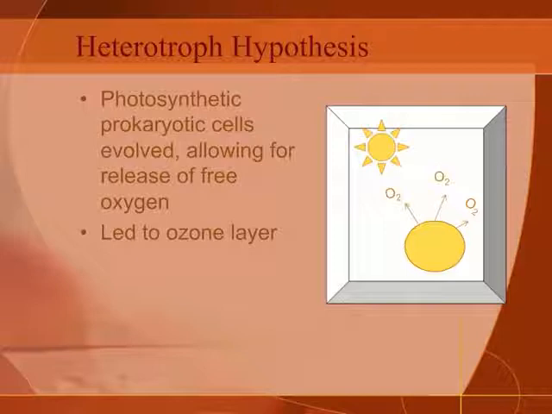You will also note underneath that picture that these are still prokaryotic cells with no nucleus, but because they are using the process of photosynthesis, they are releasing oxygen. This is what led to the formation of the ozone layer, which protects life on Earth from ultraviolet radiation and allows life on Earth to move out of the water and onto land.